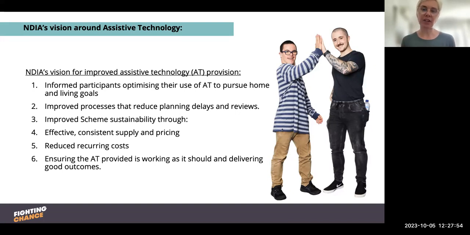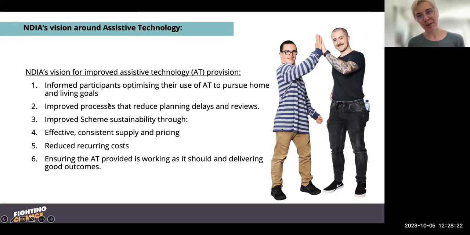Is there any assistive technology here that I can use that will mean that I can do this task more independently and don't need a support worker for that time? So whether that's in the kitchen, in the bathroom, whether that's just accessing the community or going out in the garden, something like that. So that's a big thing that the NDIA are really pushing.